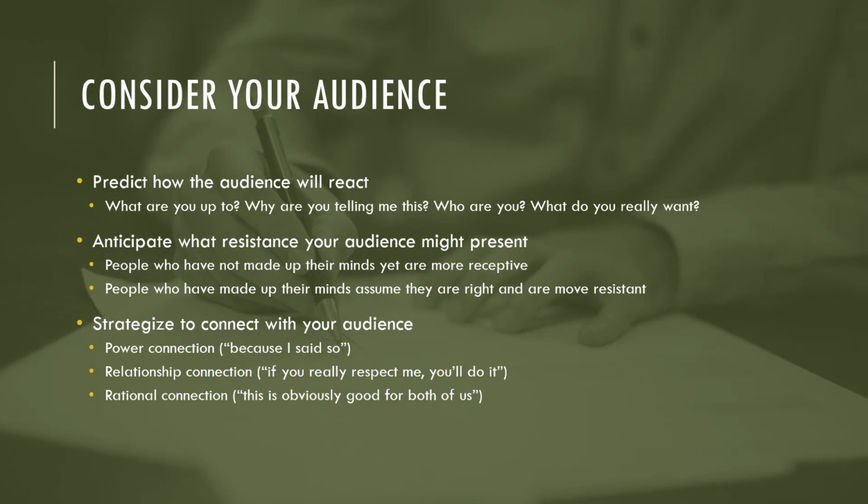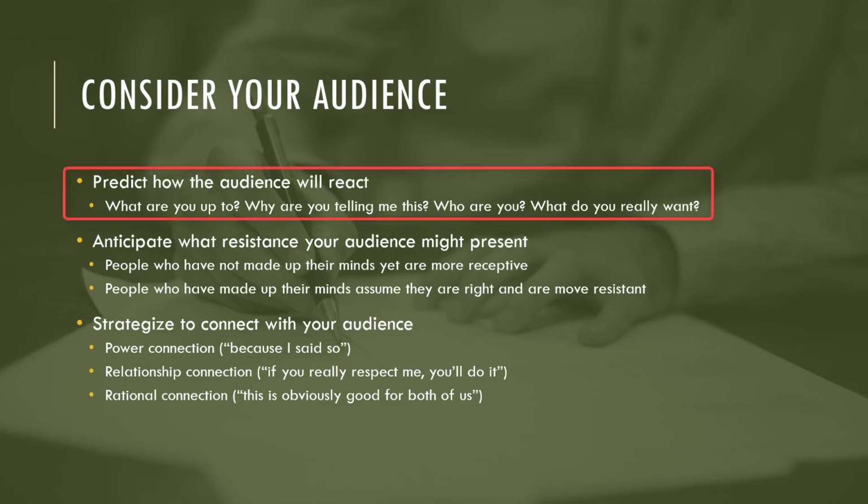As always, whenever we're writing this, whether it is a proposal or the homework assignment, you want to take your audience into consideration. One of the things you want to do is think about how the audience might react. If you're proposing that we put a landfill into a community area, think about what if that was happening in your area.